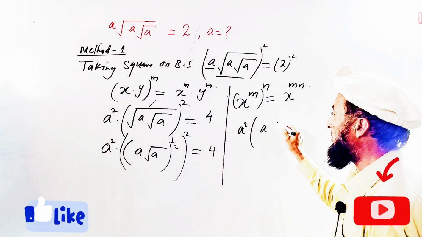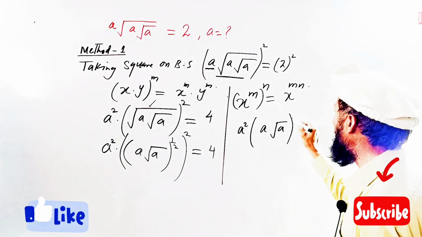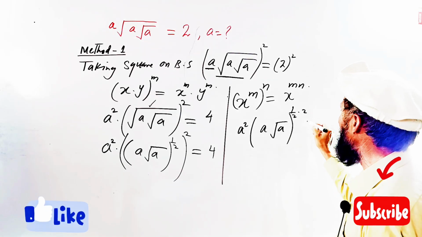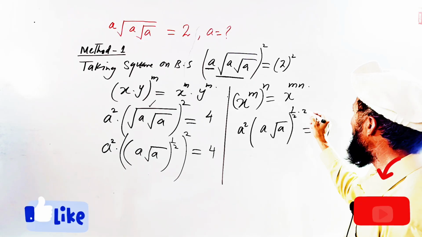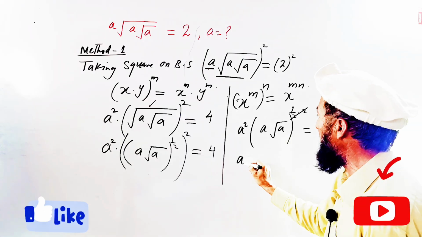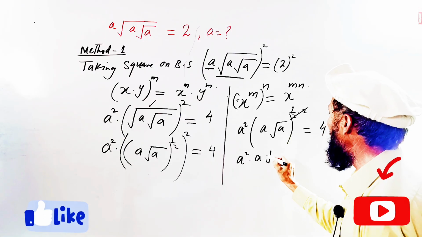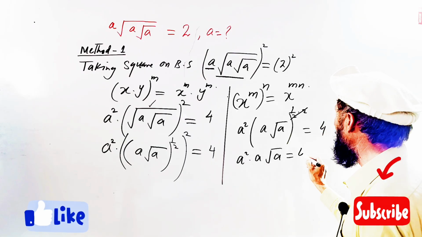We can write a, and 1 by 2 times 2, is equal to 4. So this is cancelled. We get a square into a to the 2 times 1 by 2, a, is equal to 4.